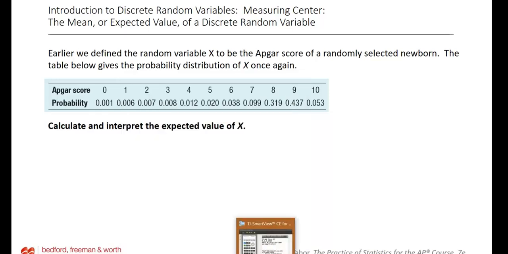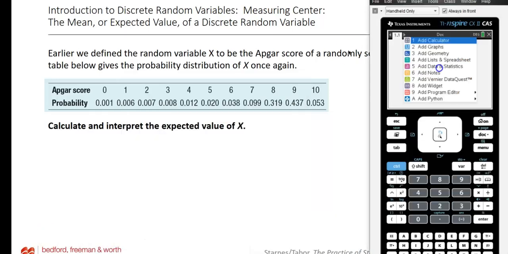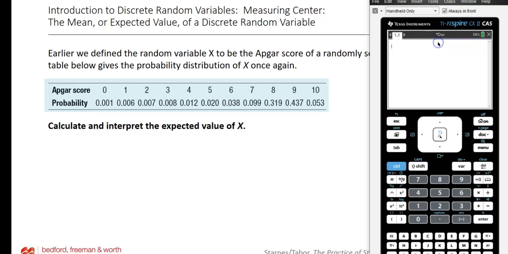So let's get this out. Okay, so let's get our calculator out. So we're going to do the amount, which is 0 for that first amount, times 0.001 plus the next amount, which is 1 times 0.006. It takes a second to do this.